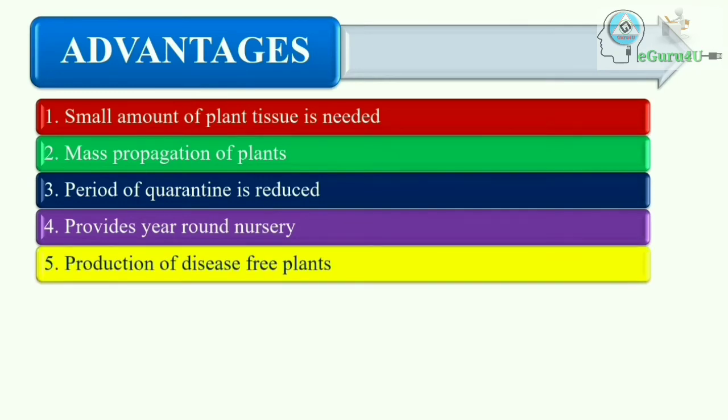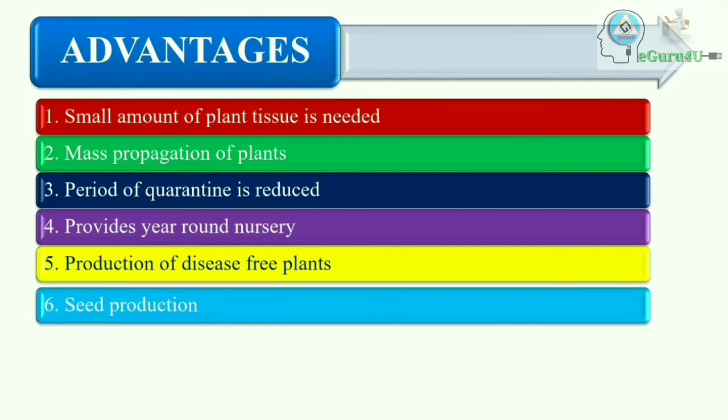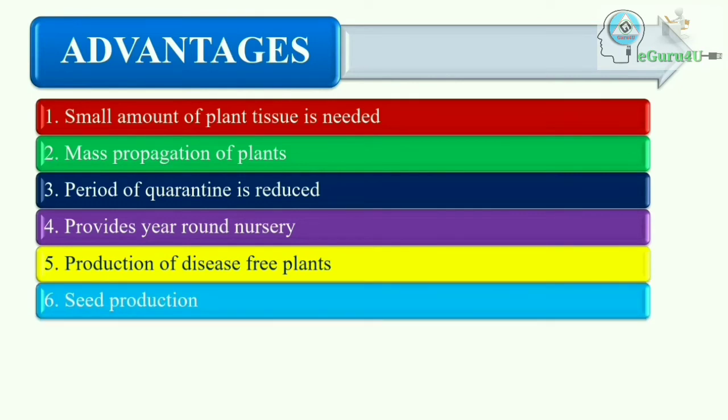5. It helps in the production of disease-free plants. Generally, meristem shoot tip cultures are employed to develop pathogen-free plants. 6. Seed production. Micropropagation is suitable for seed production in some plants through axillary bud proliferation method.